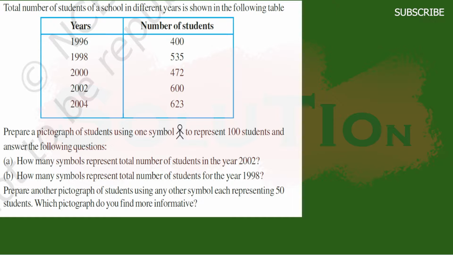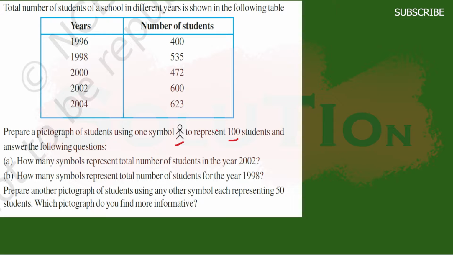So this one symbol represents 100, and after that we have to answer the following questions. So it is very clear that one symbol is representing 100, right? One man is representing 100 students.